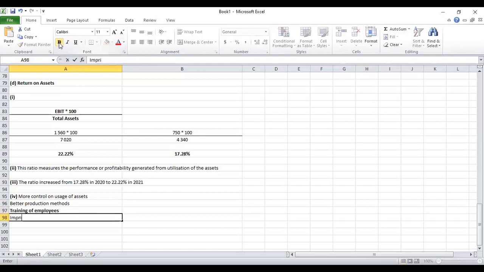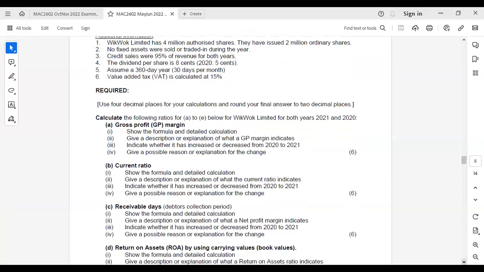Improved maintenance of assets. When you maintain your assets, they can become more productive. These are not all. These are just some of the reasons that can result in an improvement in the assets ratio. Right. Then the next part.